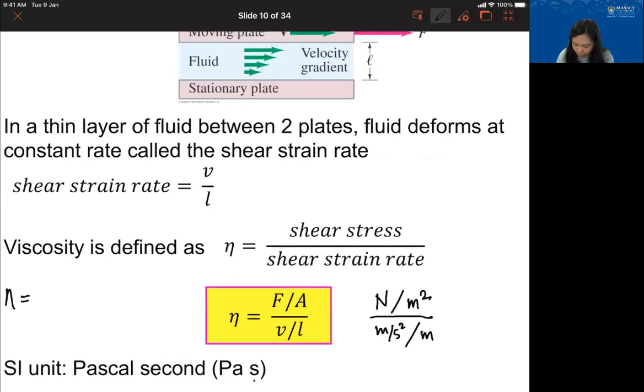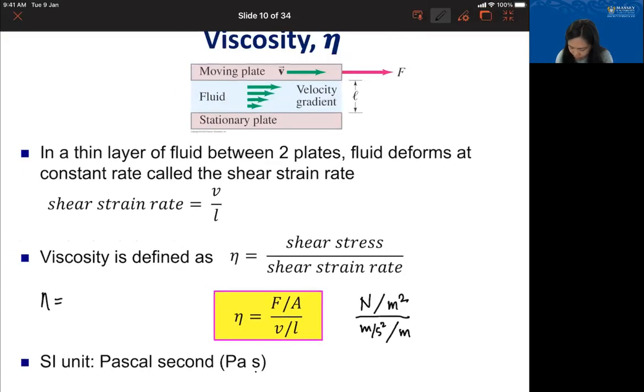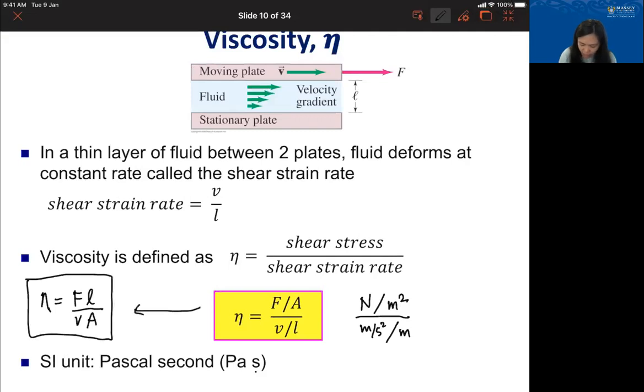So you can write this as force times length divided by speed times area. This is a simplified form for viscosity if you want to remove the divide signs on top and below of the divide signs.